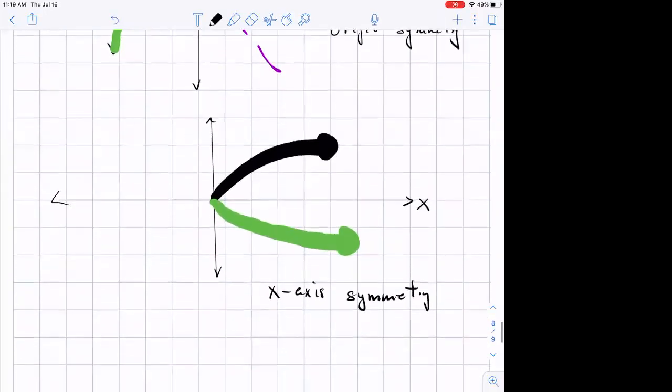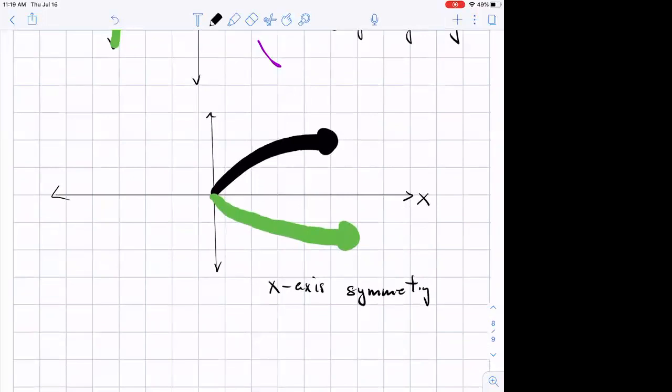I'm about to close off, so I'm just going to tell you verbally, how do you check for symmetry?